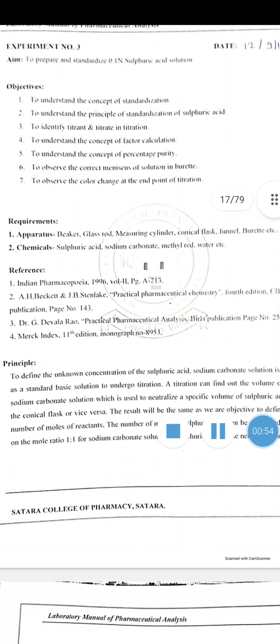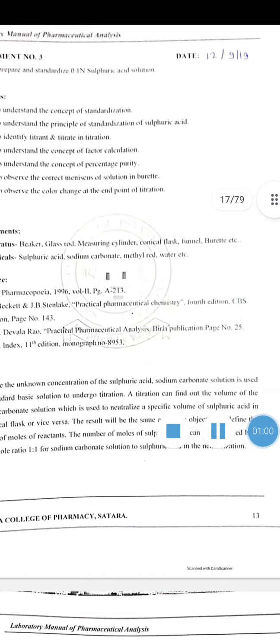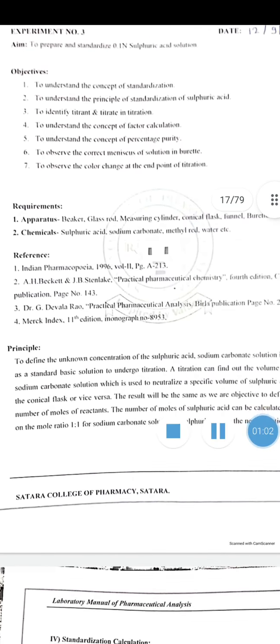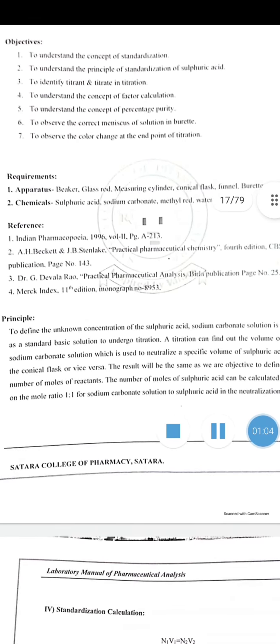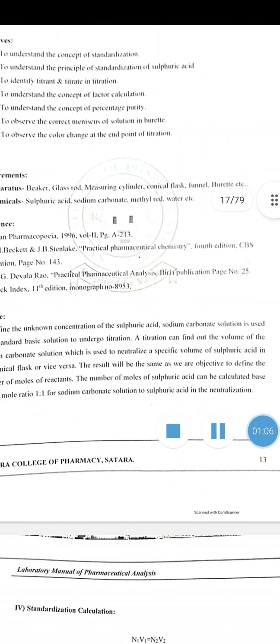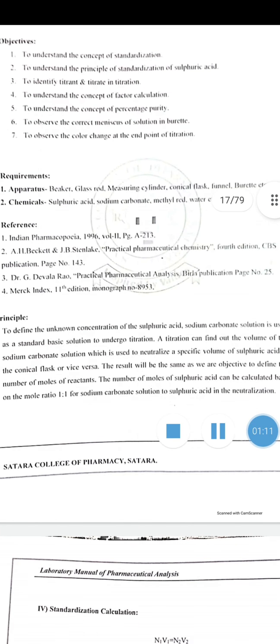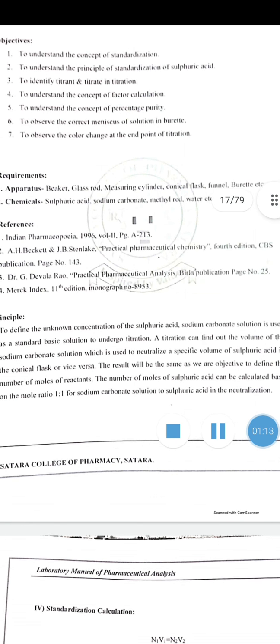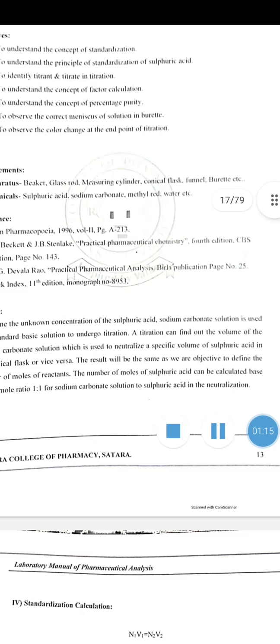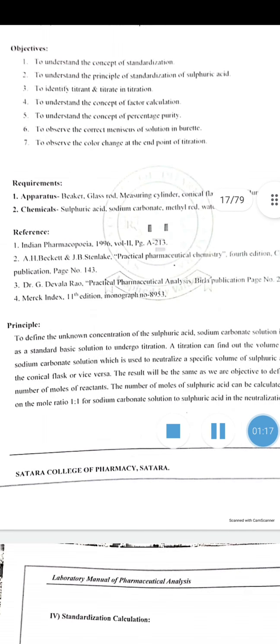Then the principle: to determine the unknown concentration of sulfuric acid, sodium carbonate solution is used as a standard basic solution to undergo titration. A titration can find out the volume of the sodium carbonate solution which is used to neutralize a specific volume of sulfuric acid in the conical flask.